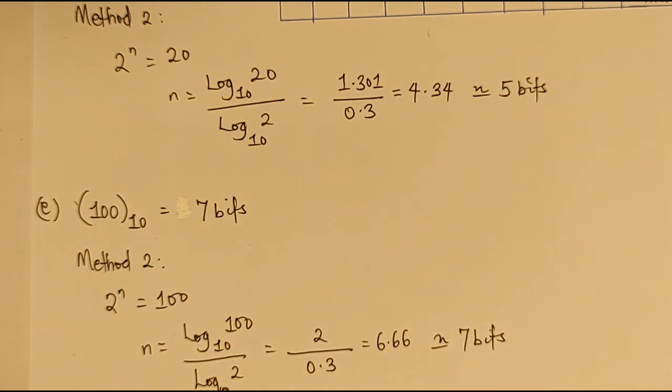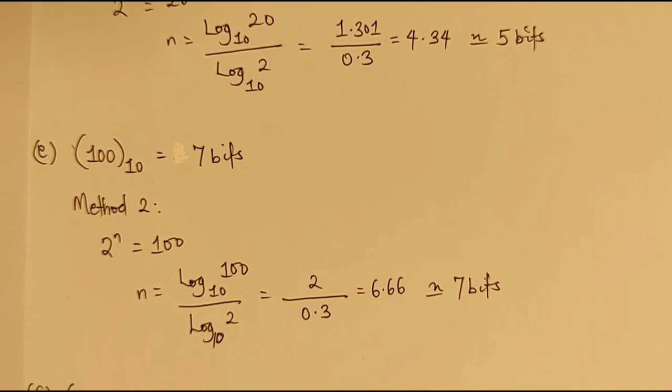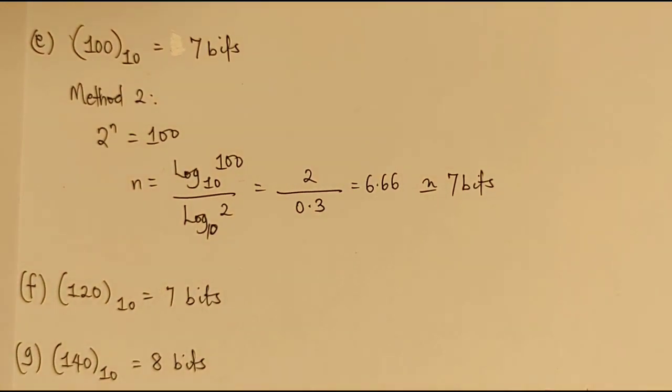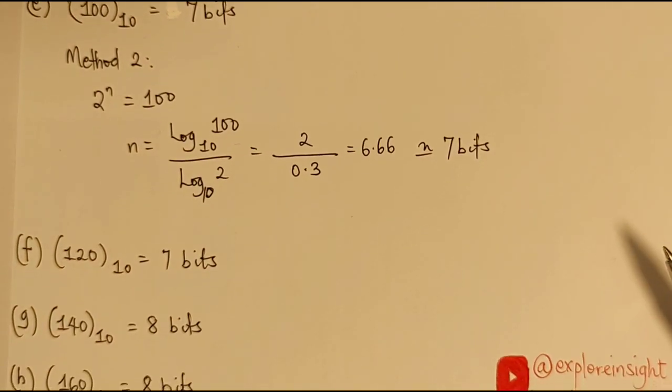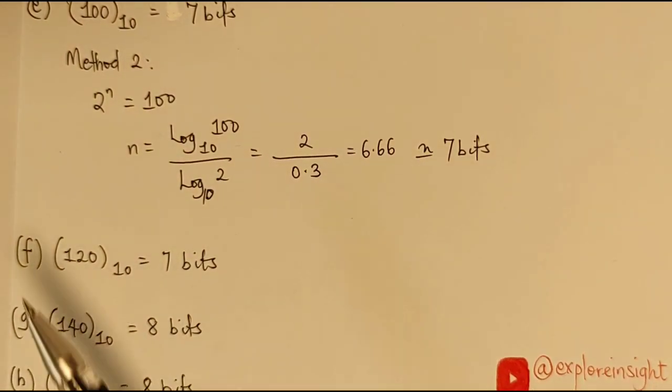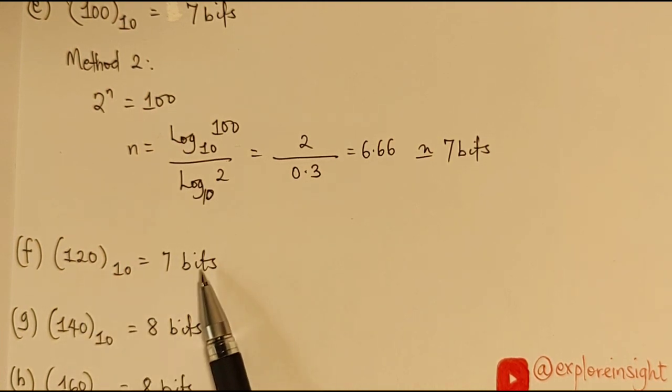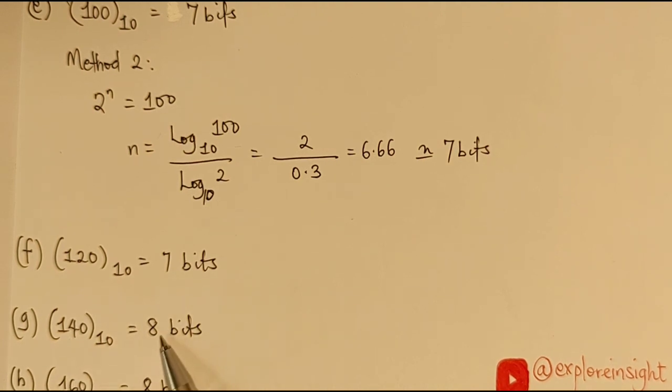Just to keep the time short and not to make this video very lengthy, for F, G, and H, I'm just going to use method 1. For 120, you can confirm that definitely we're going to have 7 bits. For G, which is 140, we're going to have 8 bits.